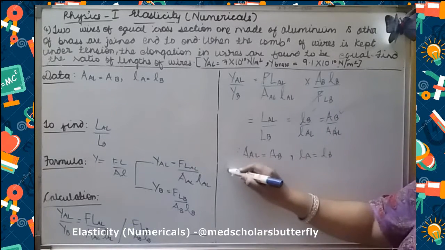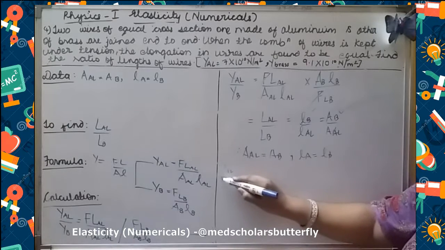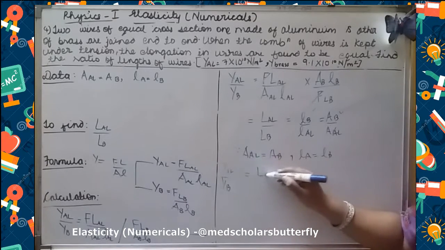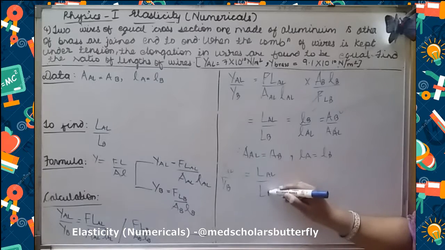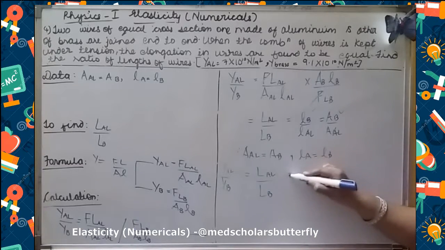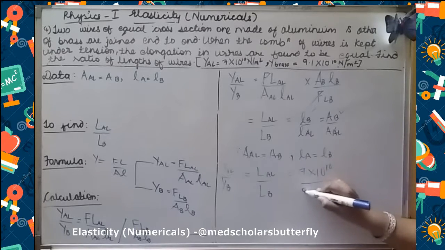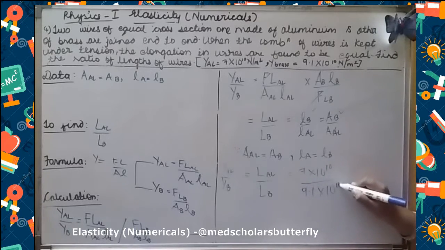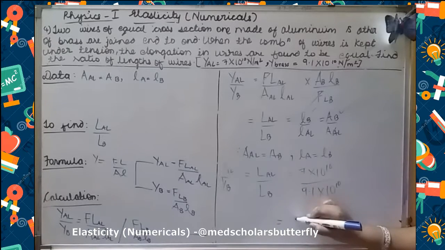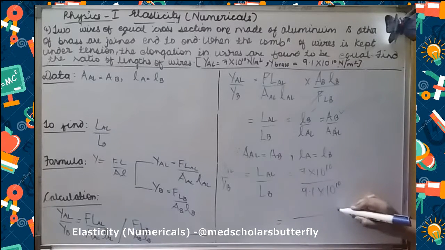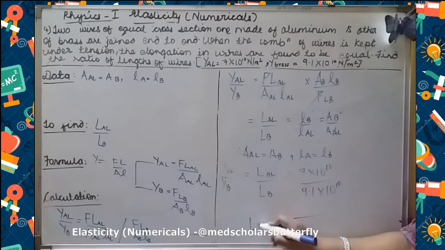What we got? Y_A L_A upon Y_B is equals to L_A upon L_B. What is L_A? 7 into 10 raised to 10. What is L_B? 9.1 into 10 raised to 10. You will get an answer in ratio of L_A upon L_B.